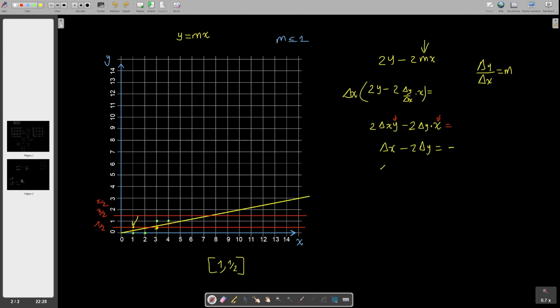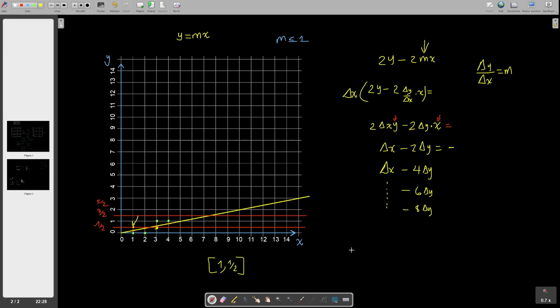So we're going to get delta x again minus 4 delta y, and forget about this side of the equation. We're always going to increase. For the next one, this is going to be 6 delta y, and this is going to be minus 8 delta y, and so on.